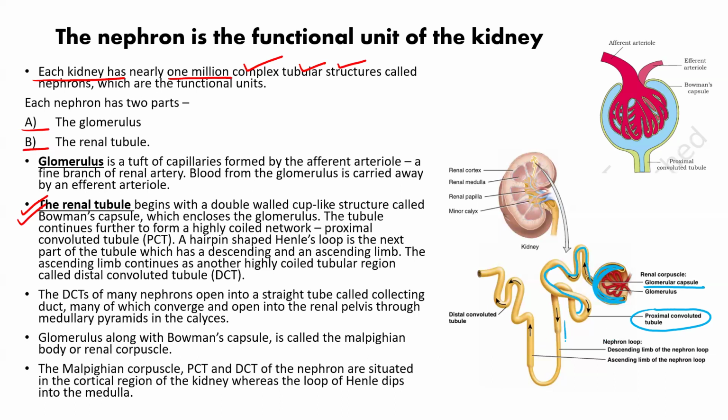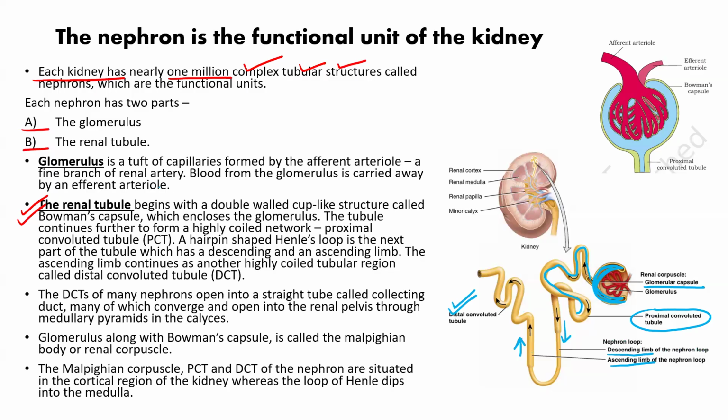This is the descending limb of loop of Henle, and this is the ascending limb of loop of Henle. Finally, it again coils to form the distal convoluted tubule.